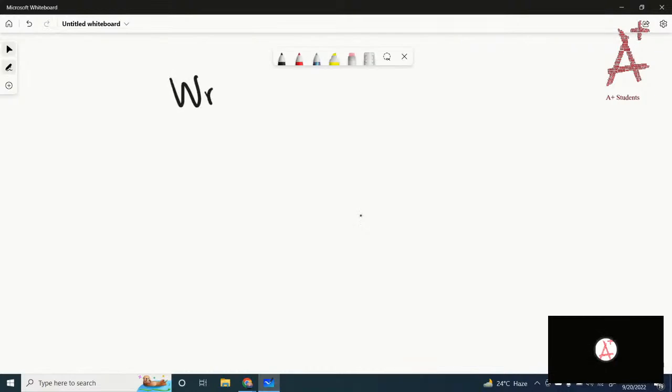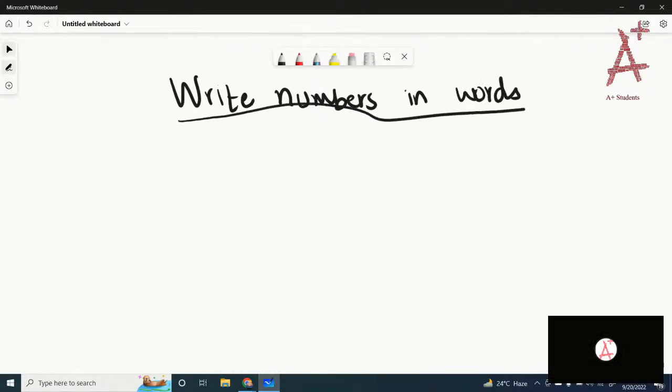Okay, the lesson name is write numbers in words. Okay, so how do you write this number using words? You are given a number and you have to write the number in words.